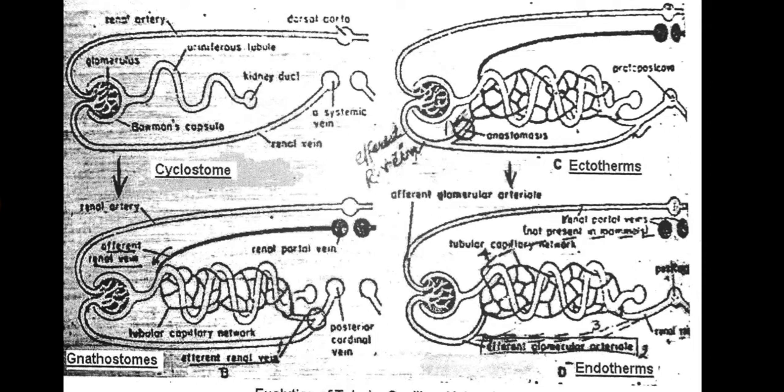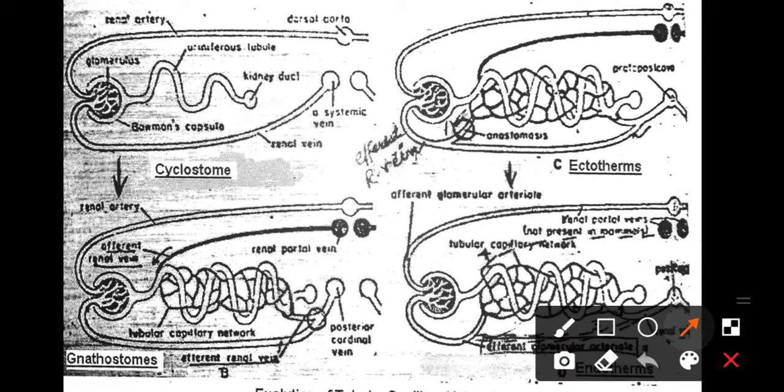There is no connection between the renal portal vein and the tubular capillary network. I have taken a red color for this. So this connection has been lost, and the connection which was present over here has also been lost.